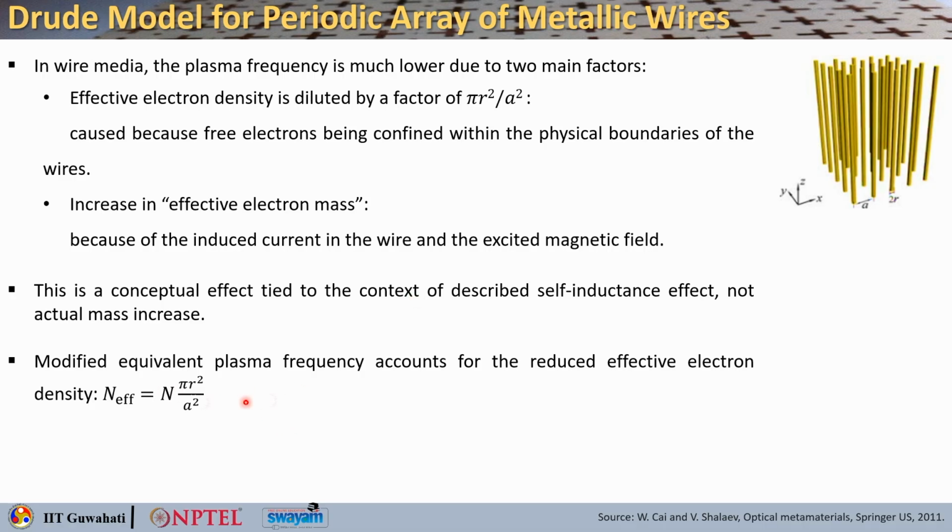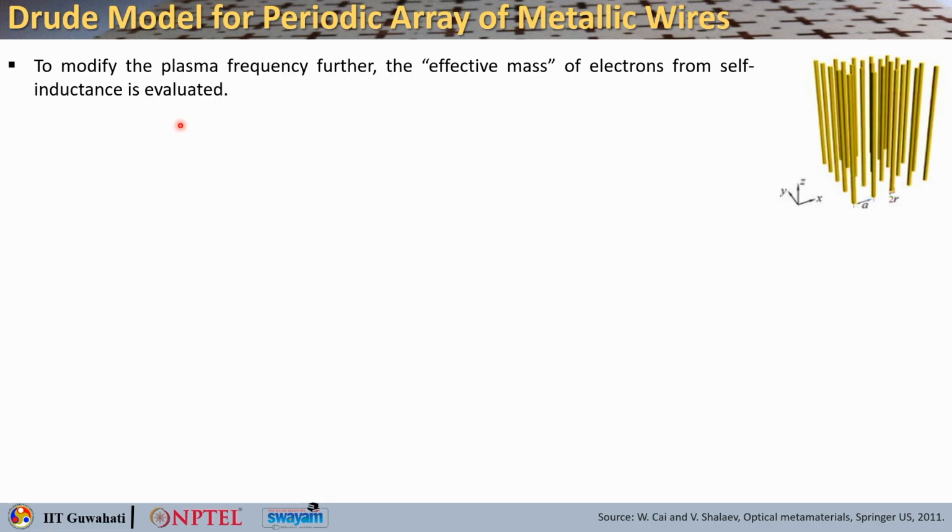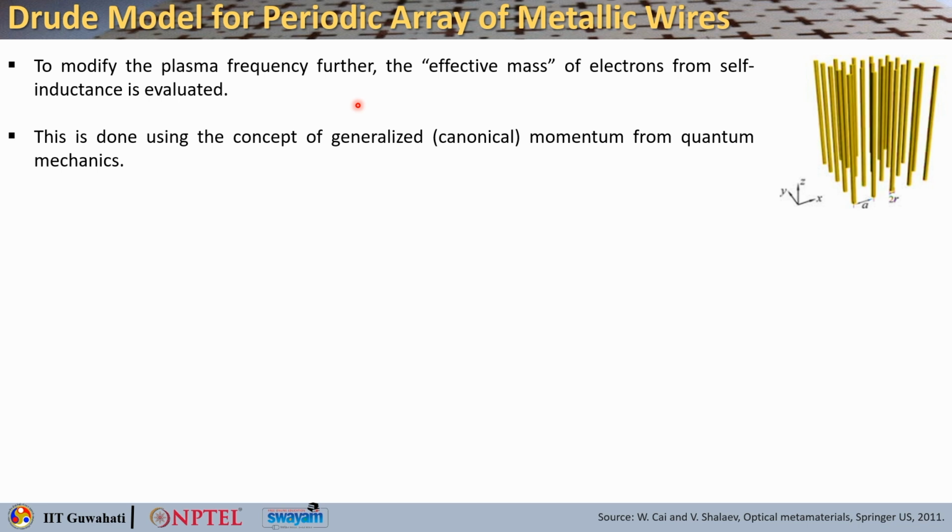The modified equivalent plasma frequency accounts for these two factors. For the reduced effective electron density, you can consider the new density as n effective, which is n times the factor calculated here, pi r square divided by a square. If you want to modify the plasma frequency further, considering the increase in effective mass of the electrons from the self inductance, you can also do that.